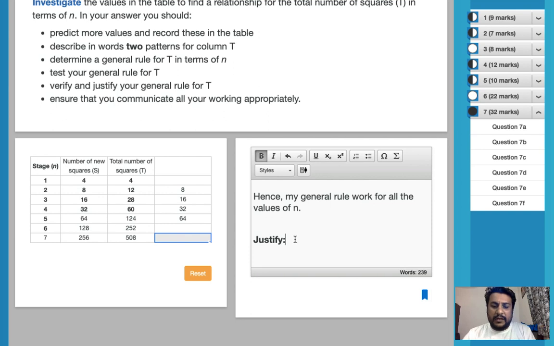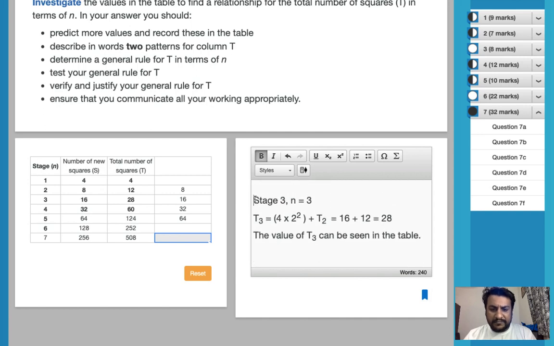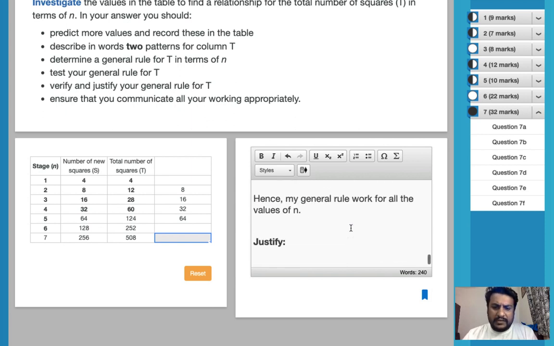Now for justification, I'll use this scenario. Let's suppose I have already done this part. I'll just write this down.